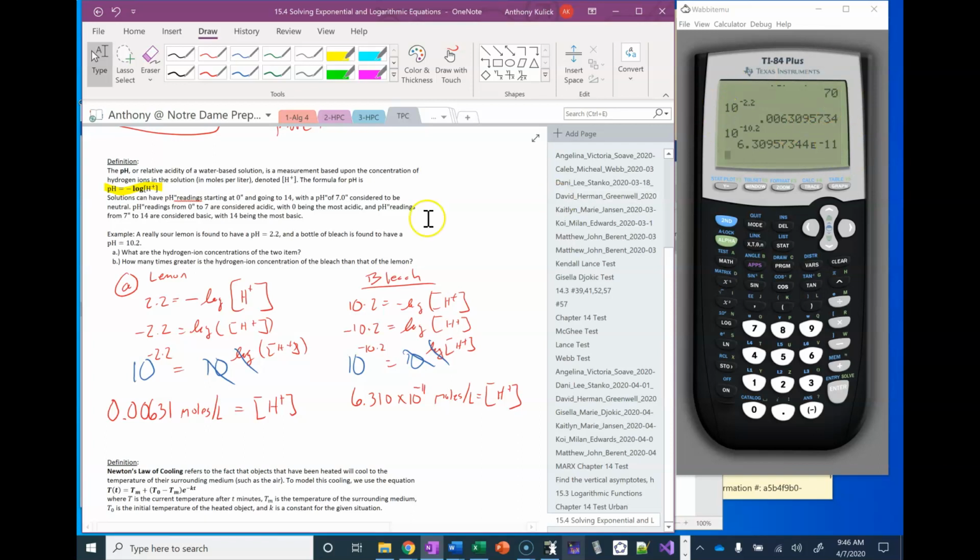Okay. So it says how many times greater is the hydrogen ion concentration of the bleach than that of the lemon. Okay, so it's an odd way of asking this because which one of them is the more concentrated?